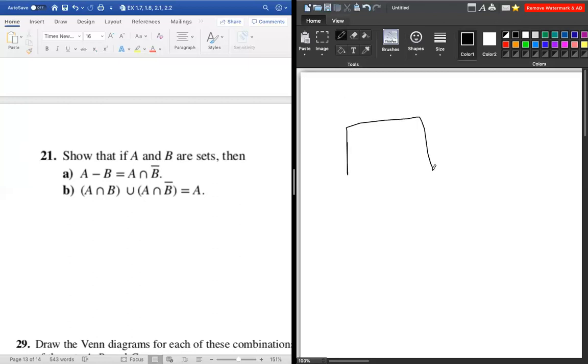Let's say this is set B, and inside this set B there are the elements of set B. If I exclude this B from this universe, let's say this is the universe of all the sets, then any member that's outside of B here is B complement, or B with the line on top.